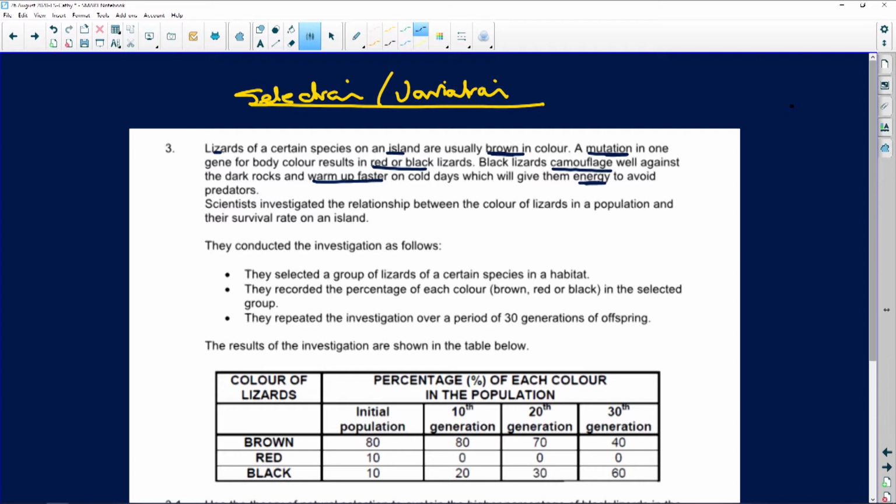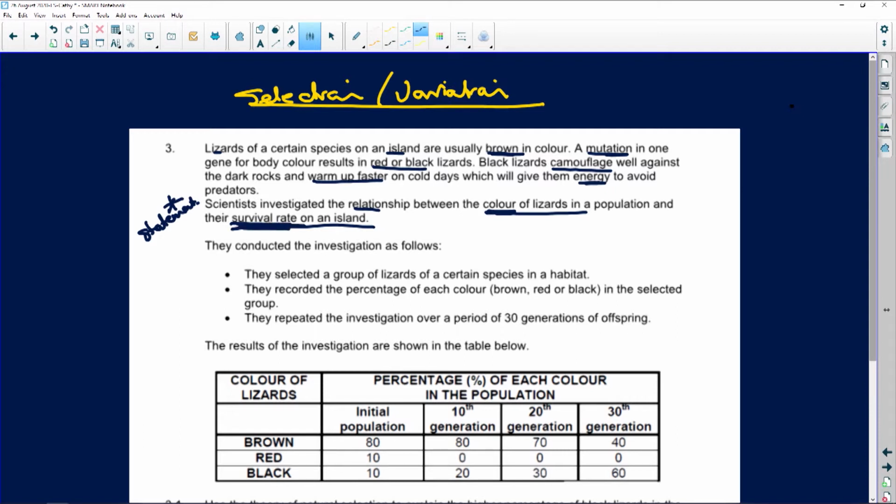Okay, so scientists, now remember, this here is the statement. All right, so scientists investigated the relationship between what? The color of lizards in a population and the survival rate on the island. So the color versus survival rate.